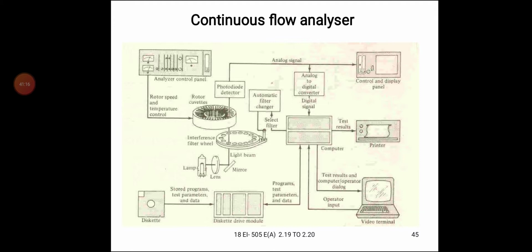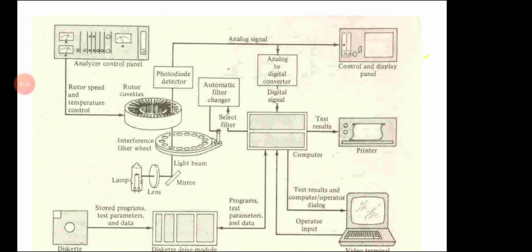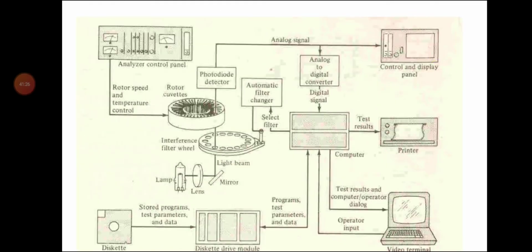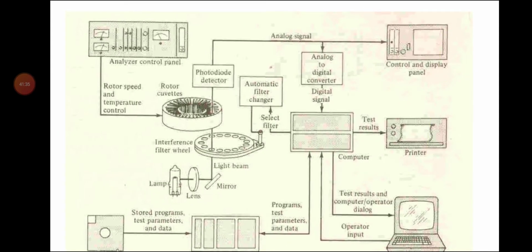The block diagram of the continuous flow analyzer is shown in the slide. It contains the computer, which controls and monitors the samples, and records and stores the data. Here it contains a rotary cuvette.